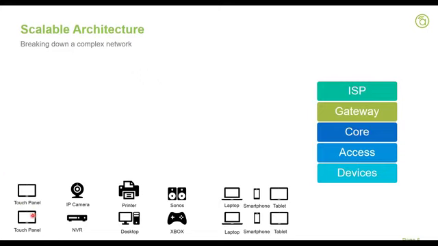So those devices would be control touch panels, a lot of IP cameras and NVR, a couple of printers, a couple of desktops, some Sonos or some wireless streaming service, a lot of entertainment TVs as well. You get a lot of personal equipment like laptops, smartphones, and tablets.